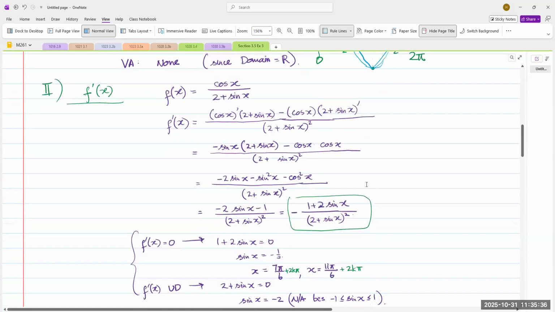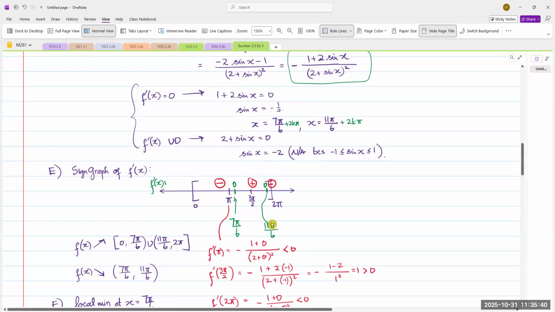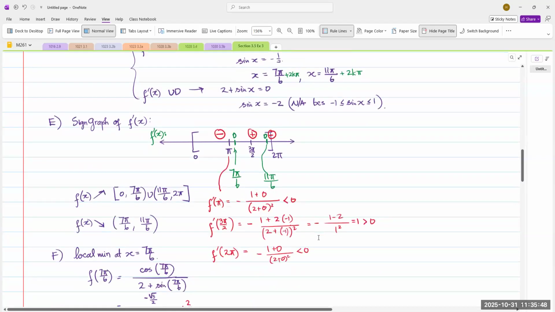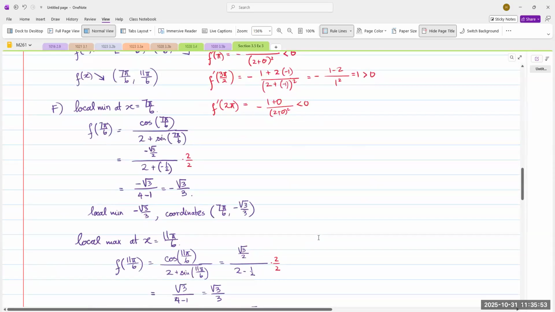Then when we do the first derivative and find the critical points, we see where the function is increasing or decreasing by observing the sign graph of the first derivative. From there, we can also see the local maximum and local minimum. And because this function is periodic, this local max and local min turn out to be the absolute max and absolute min also.